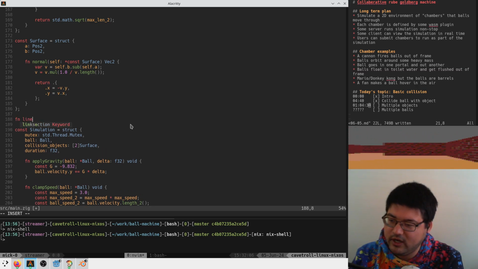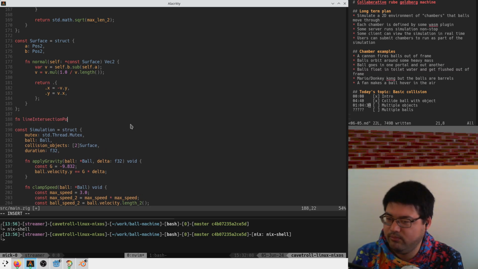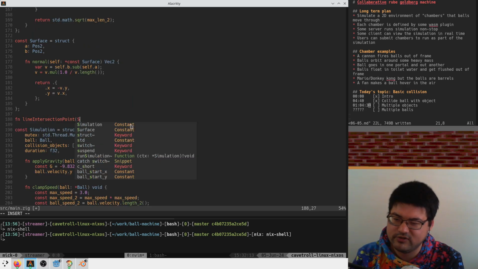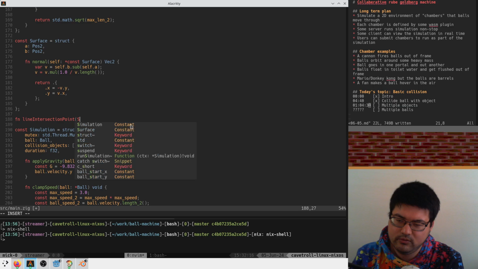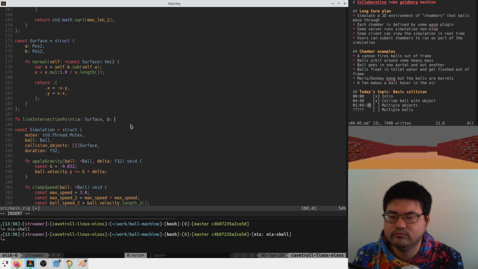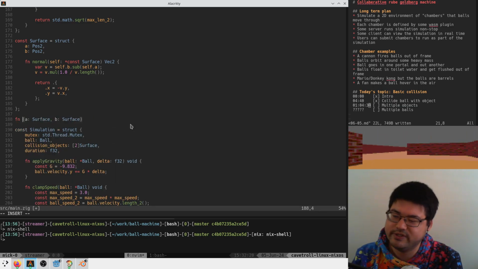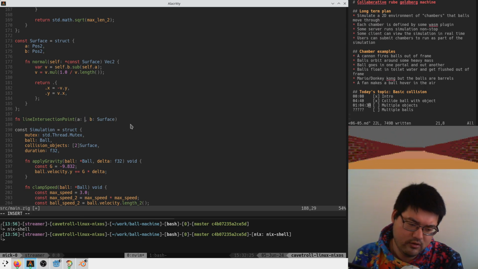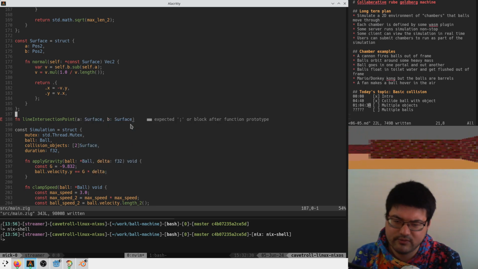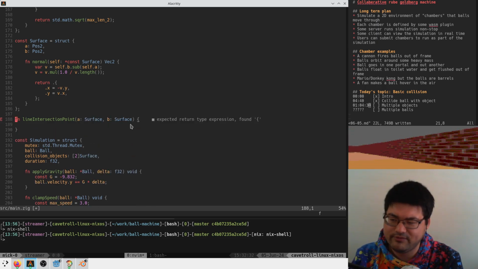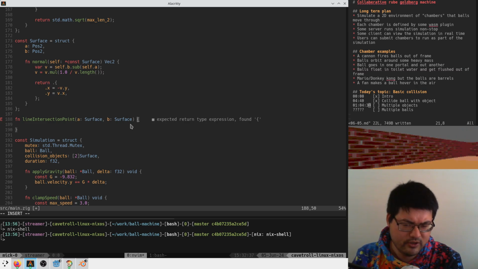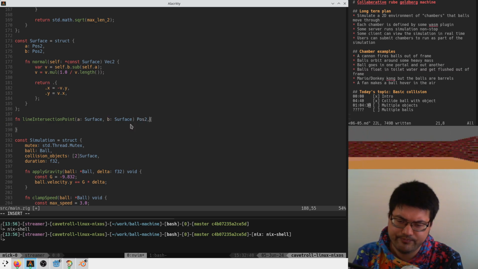So function line intersection point, I guess we'll use surfaces here. Surfaces make sense. We'll have to adjust this later. We'll call the surface something else, but the surface does have the points that I want. And this is going to return back a pos 2.